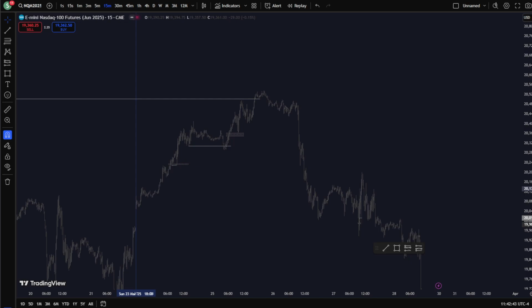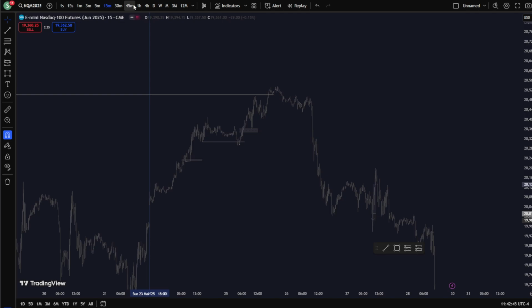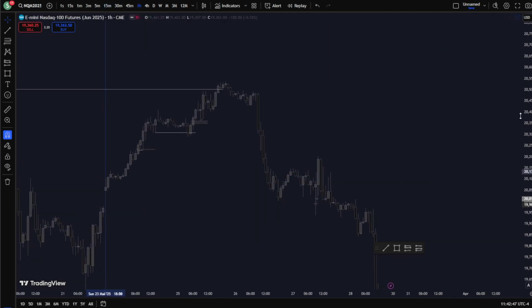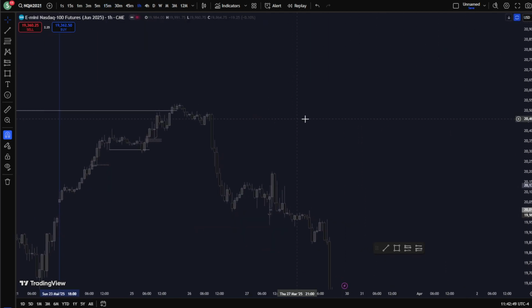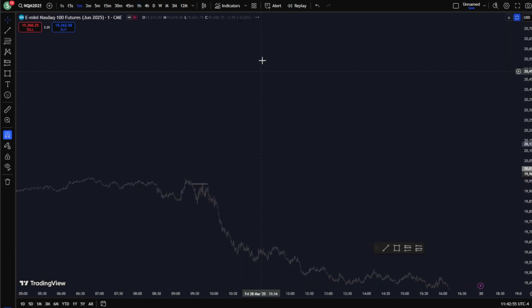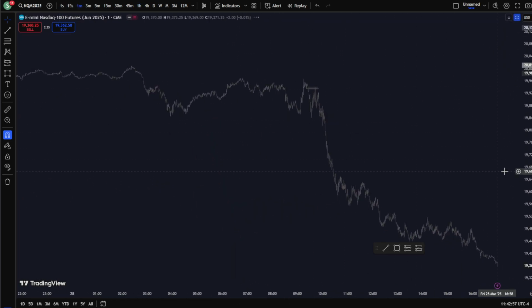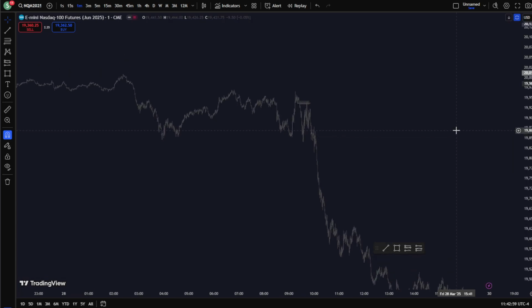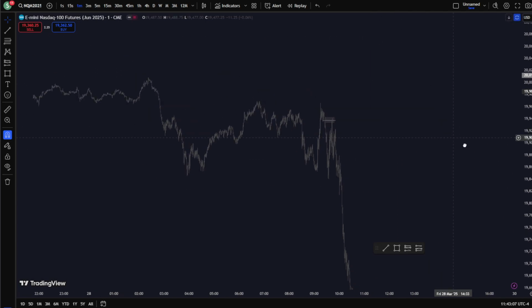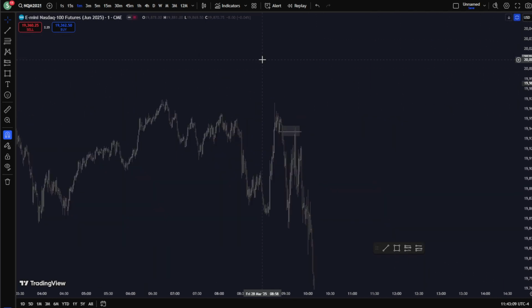How do you implement time? Well, first of all, you want to be looking at key opens, which is part of time. And yeah, macros. I don't use Silver Bullet a lot, but macros, yes, macros are important. If I would use them, it would be for psychological help, to give you a time frame to trade in.